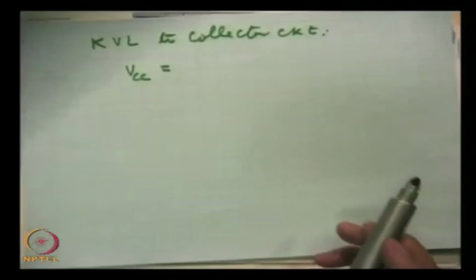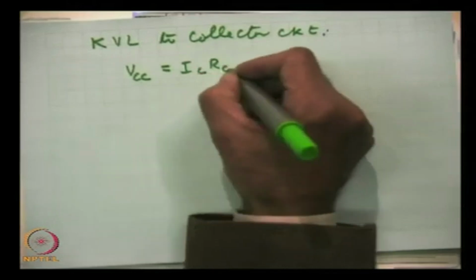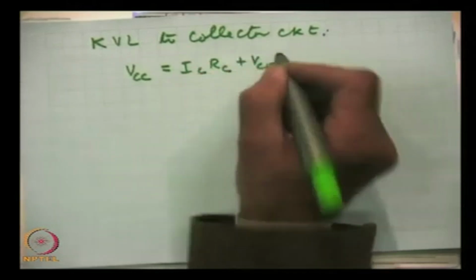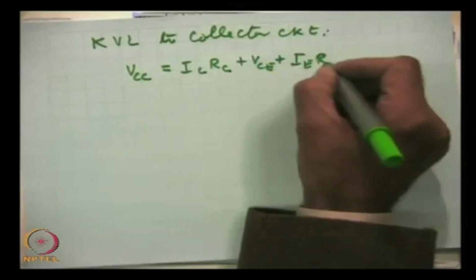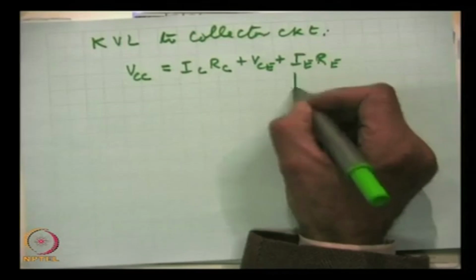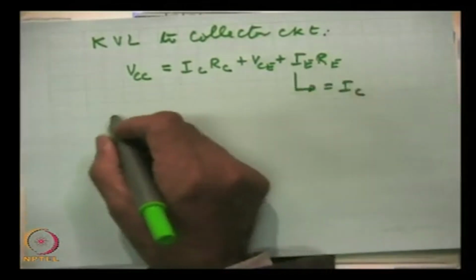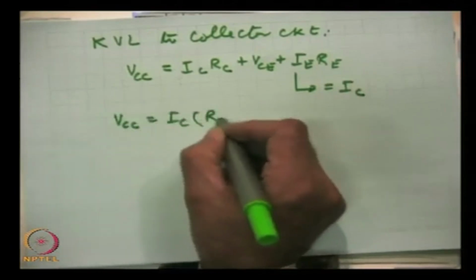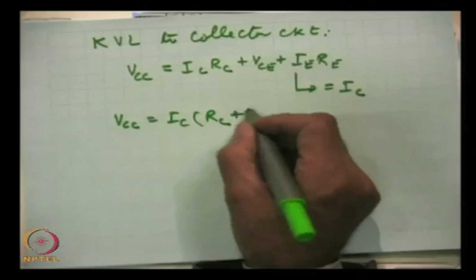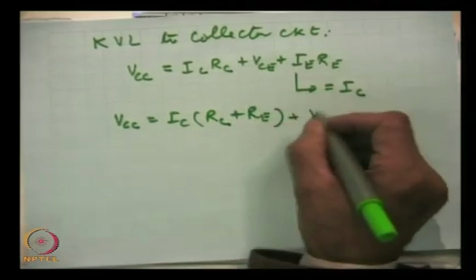So, almost the same current is flowing, and so VCC is equal to IC RC plus VCE plus IE RE, but IE is almost equal to IC. So, this equation then becomes VCC equals IC times RC plus RE, plus VCE.